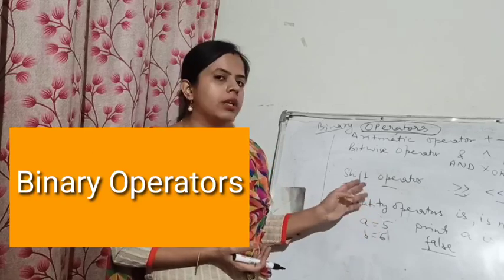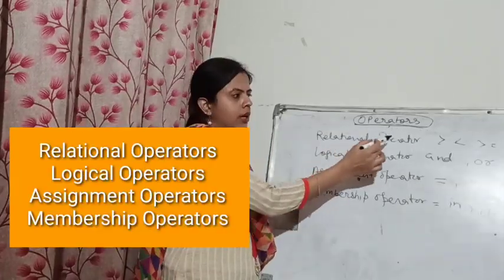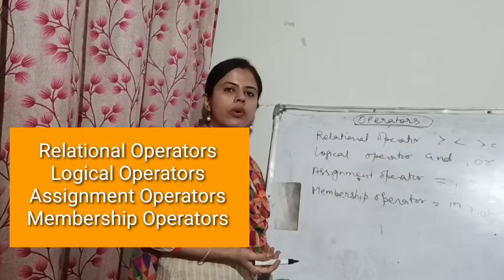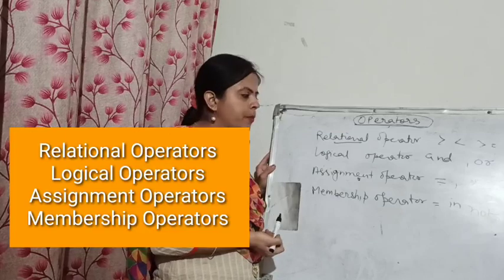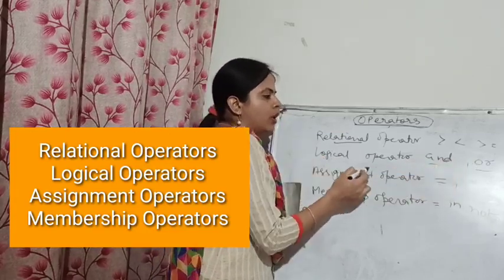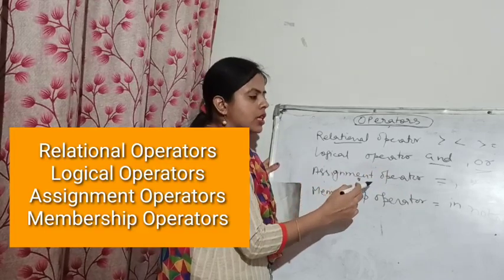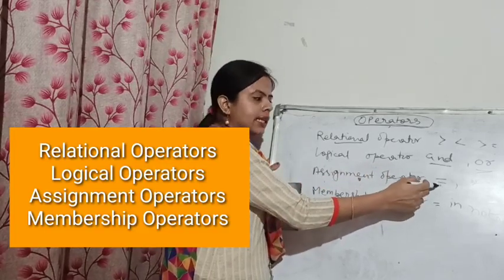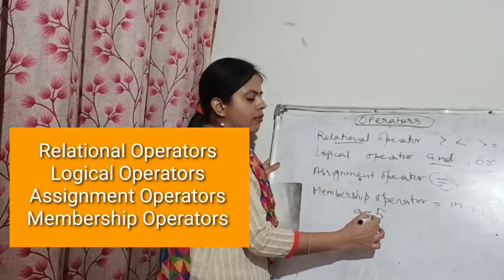Now moving further, there are many other operators. Let me show you those also. Relational operator: greater than, less than, greater than or equal to, less than or equal to. That greater than and less than sign will be called a relational operator. Logical operator, this is called and, or. Logical and, logical or. Now assignment operator also I have discussed before. Equal to is called the assignment operator, where we use the variable and assign the value to it.